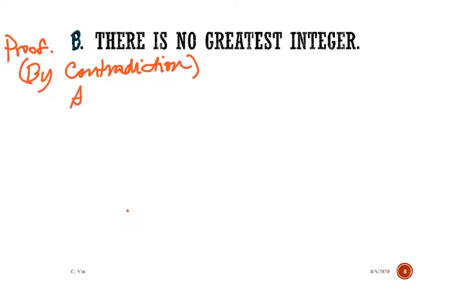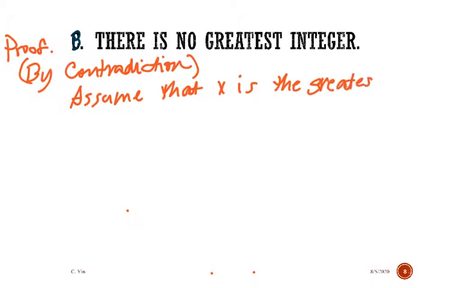Let's say assume that x is the greatest integer. And so what we want to do is we want to come up with a way to contradict that fact.